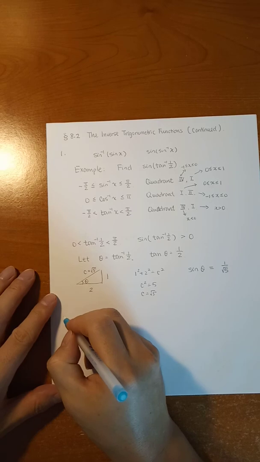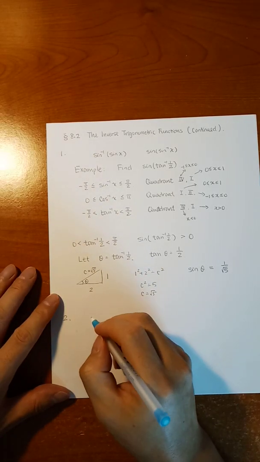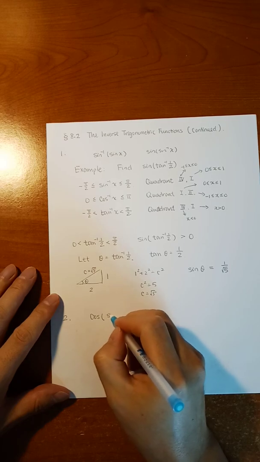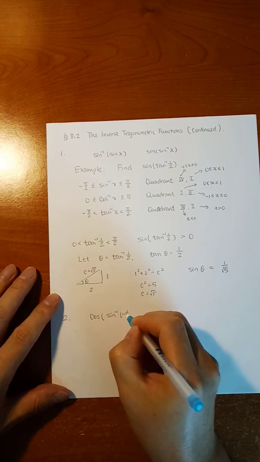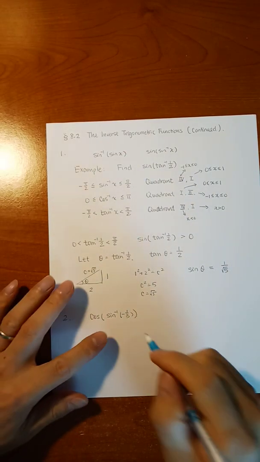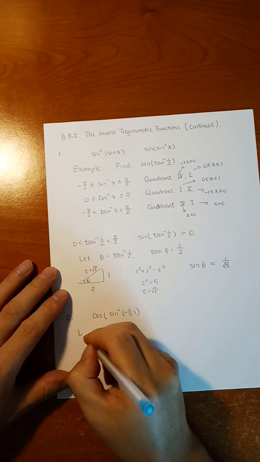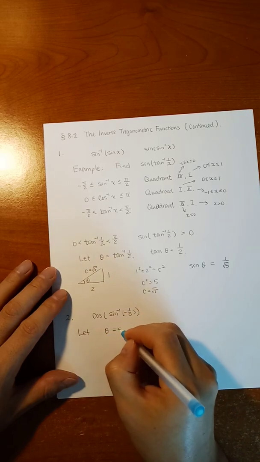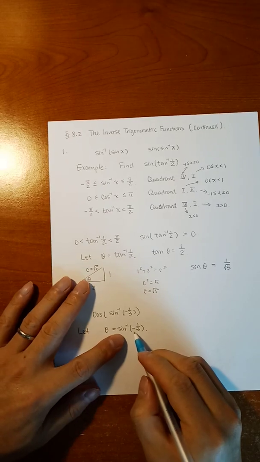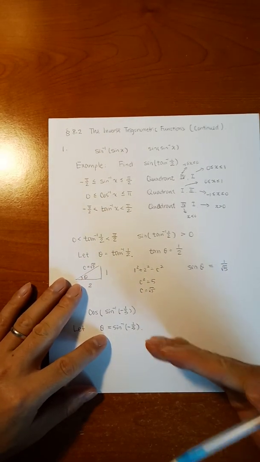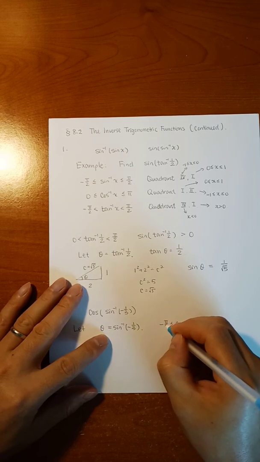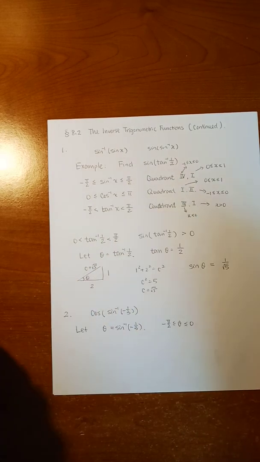Okay, let's see another one. The cosine of sine inverse of negative 1 over 3. If we let theta be sine inverse of negative 1 over 3, this implies theta is in the fourth quadrant, so theta is between negative pi over 2 and 0.